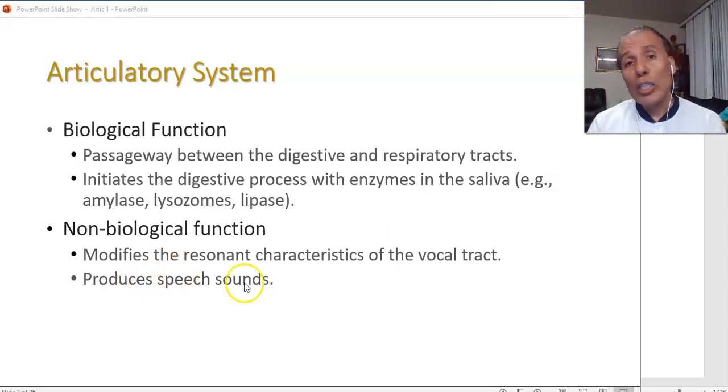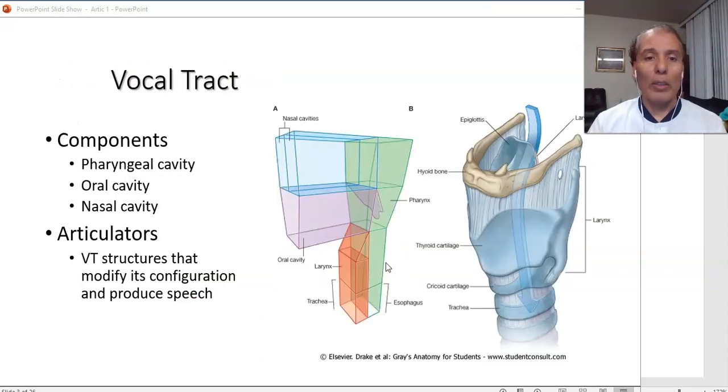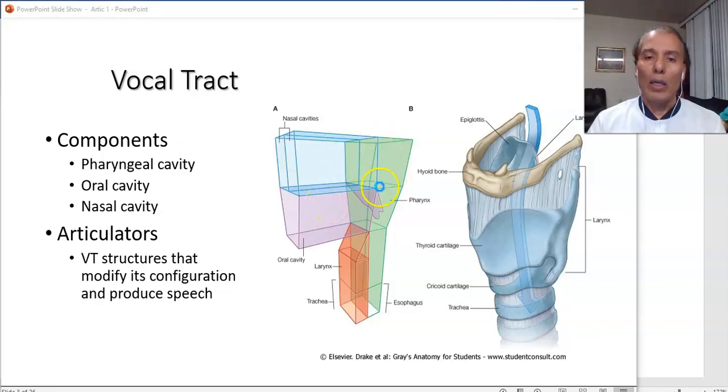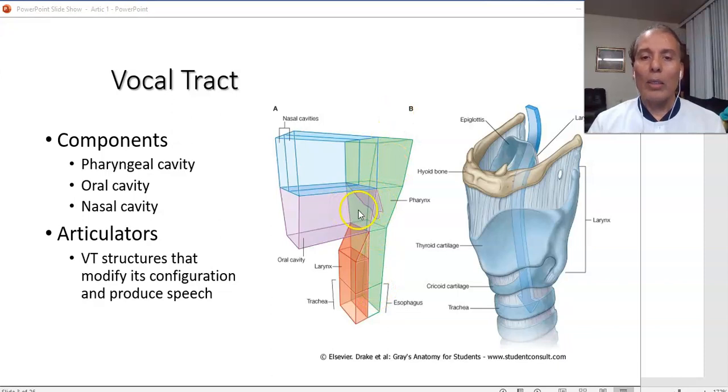So producing speech sounds in addition to resonating and modifying the vocal fold fundamental frequency. So here is the vocal tract. You can think about it this way, simply like a tube, a vertical tube, and two tubes connected to it, the oral cavity and the nasal cavity. And this tube is the pharynx.